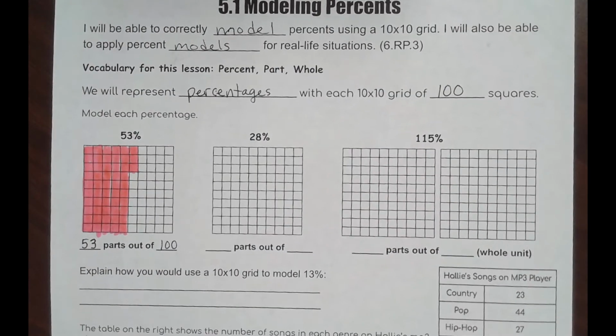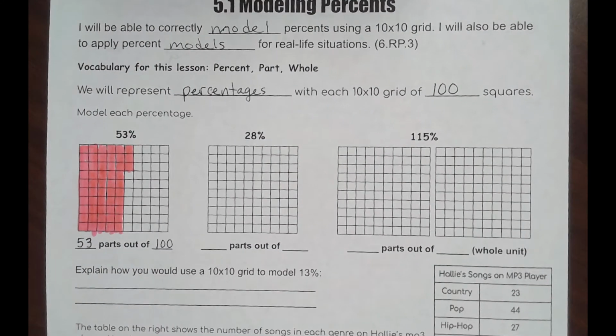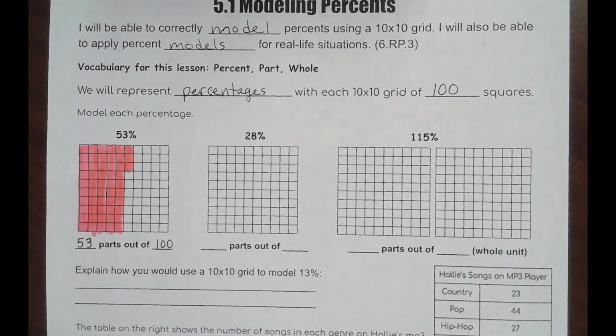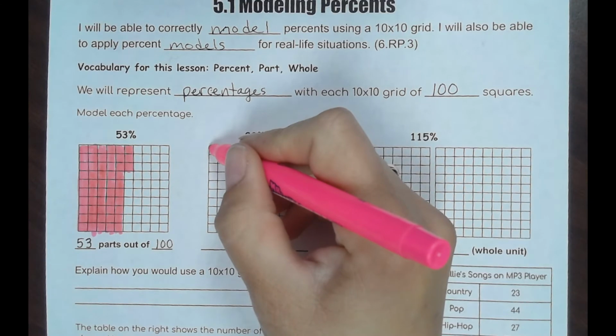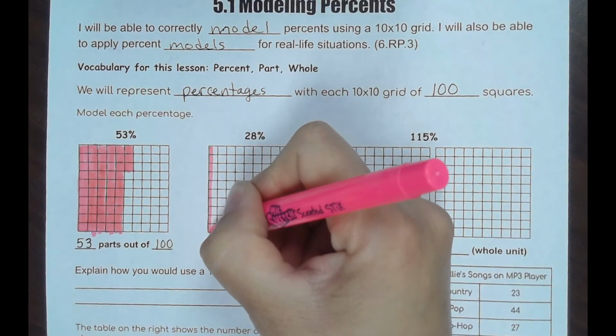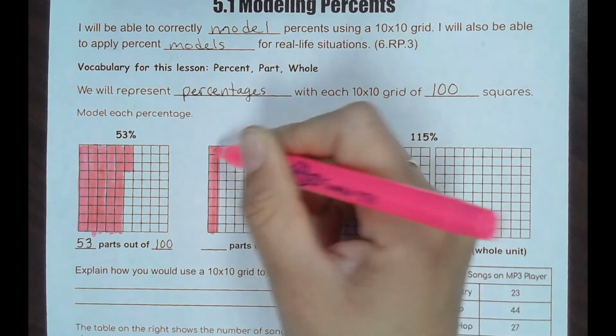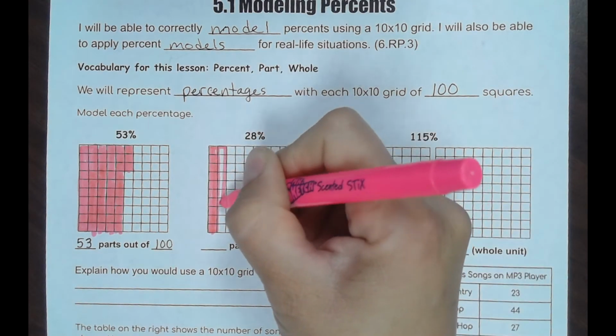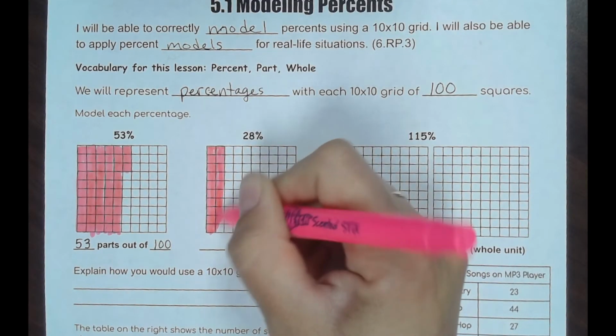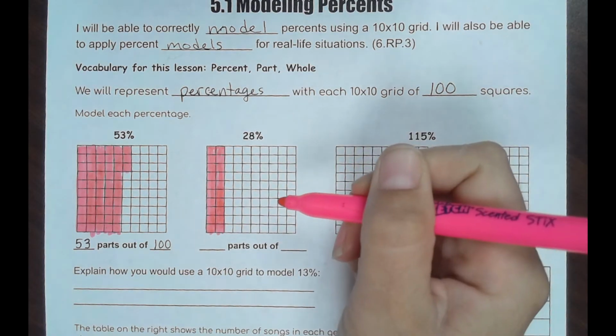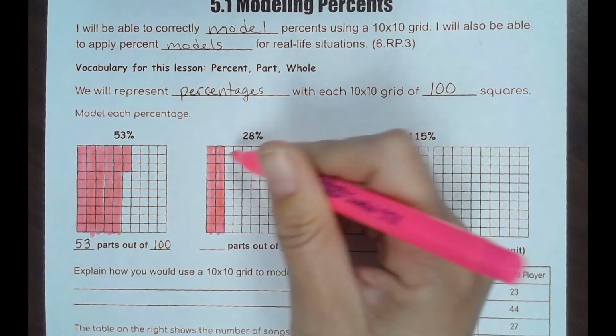So 28%, if our whole unit is the 10 by 10 square, 28% would be 28 of these little boxes. So 10% would be 10 of those squares. Another 10 of those squares. And then I do want to show you they don't have to be all crowded together.